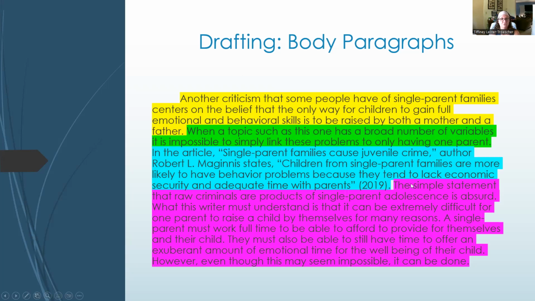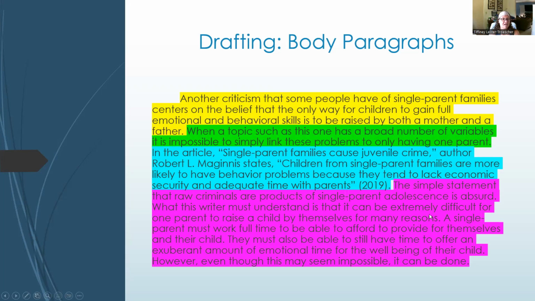This is just to show you a very simple version of what your paragraph should look like. It should always begin with a transitional topic sentence. It should always begin with your ideas and words. You're going to use a source in the paragraph, but a paragraph should never end with a citation, because if you use source information, you must always explain it and follow up on it.